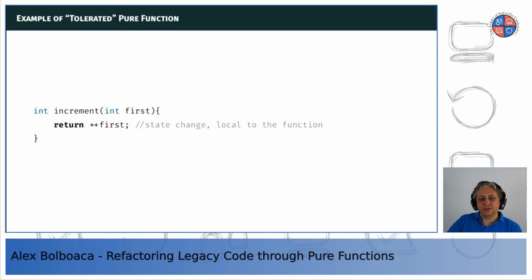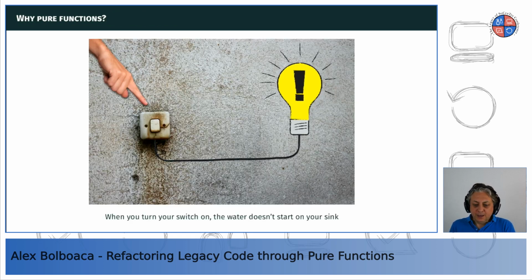If I can just remove all the madness of state change from my functions, then this clears up the code pretty nicely. And so if the state change is just local, I'm perfectly fine with that. I like pure functions because they are boring and there's too much excitement in software development.